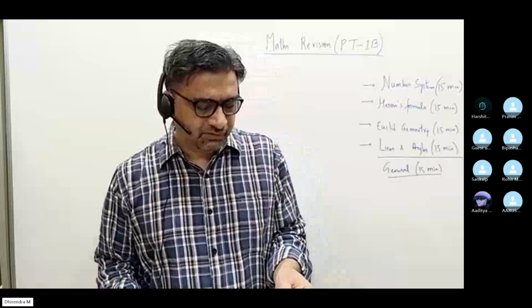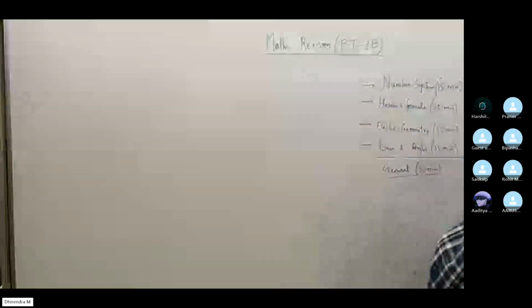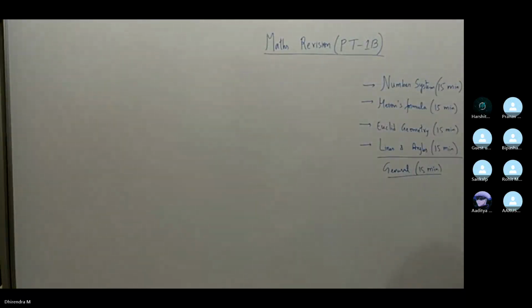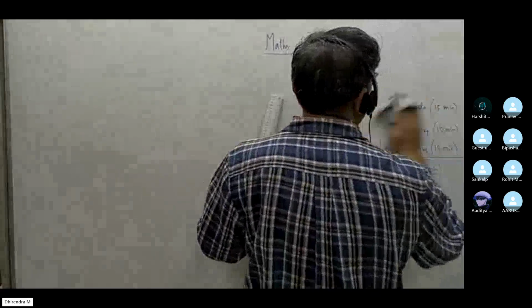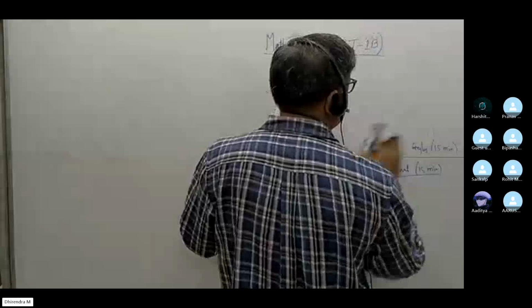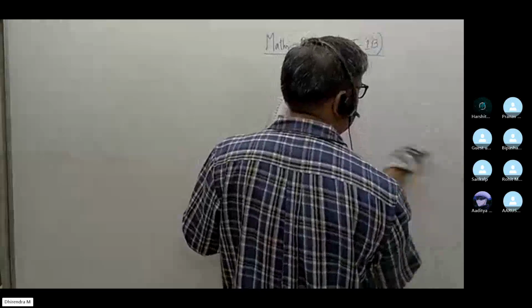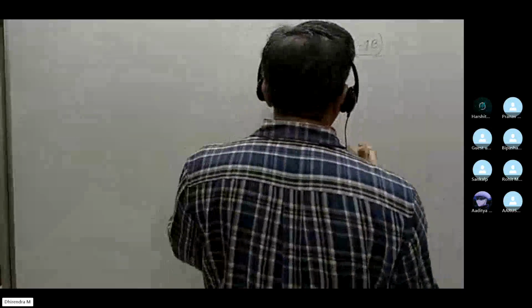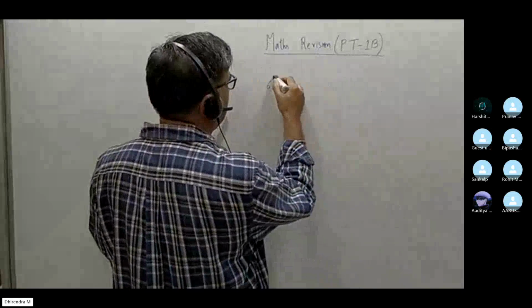Question number 6 and 7, they're very standard questions, aren't they? If you are to solve question number 6, I'll erase this. In question number 6, what do we do?